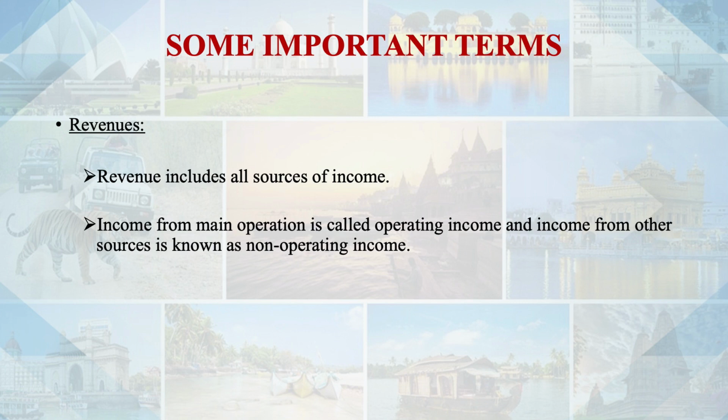This is the income which is the result of your operations, whatever is your business activity. For example, if you are into a hotel business, whatever is the income from that hotel is your operating income. But along with that, if you have some other properties which you have given on rent, that rent which you are receiving from other properties is also your income, but it is not your operating income.